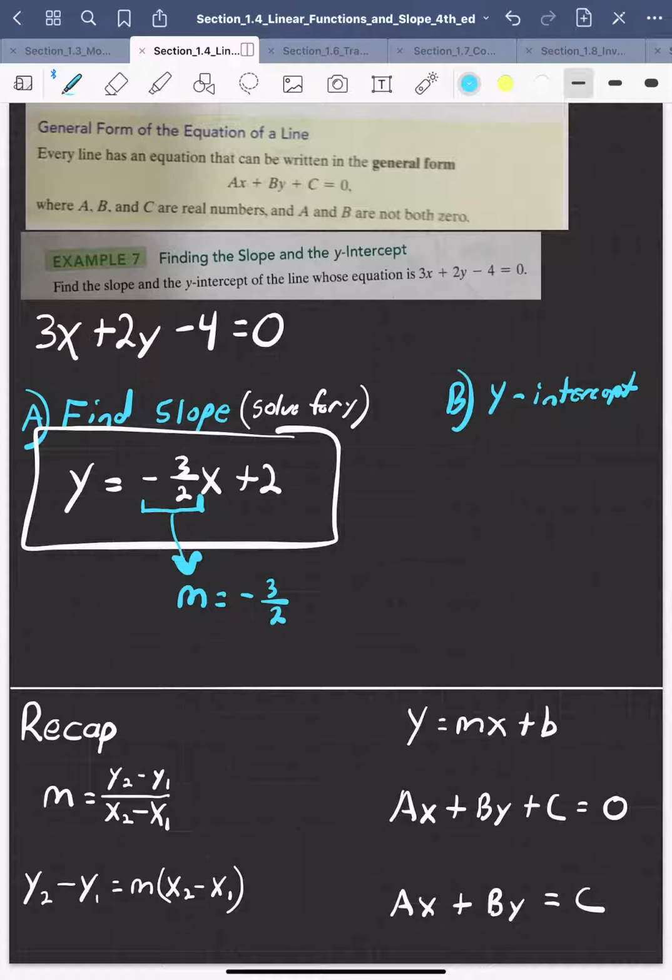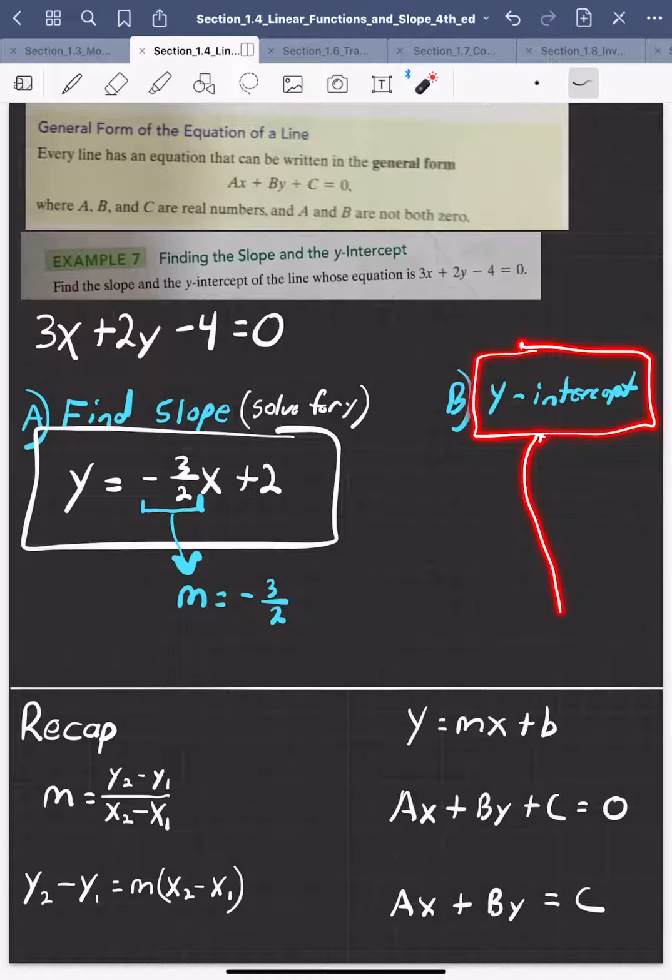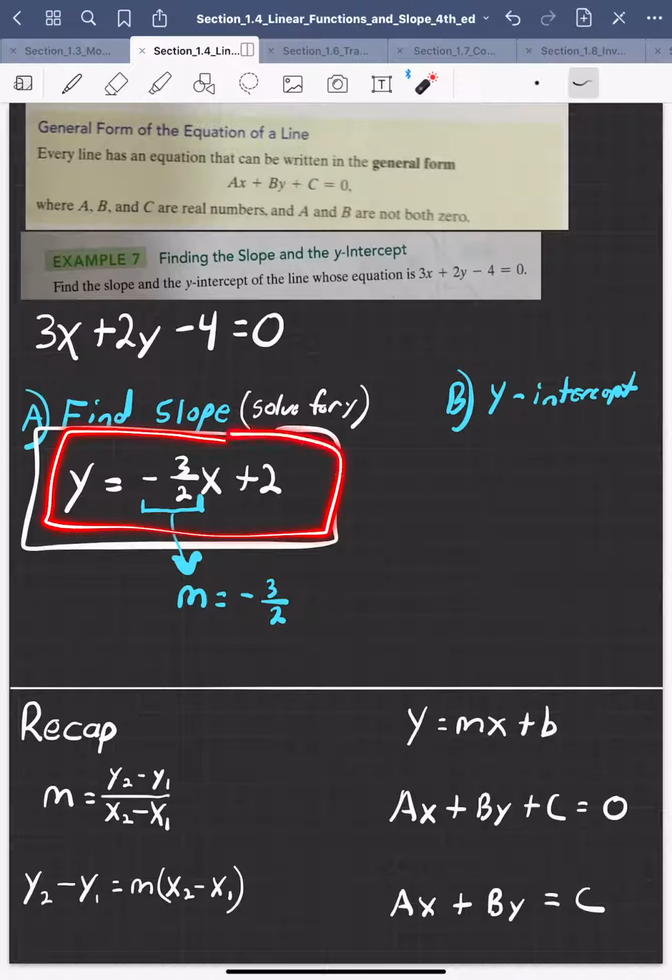Guess what else is really easy to spot? The y-intercept. Now, we use this letter b, this variable b, to represent the y-intercept. So once you've solved this equation for y, this is your y-intercept.